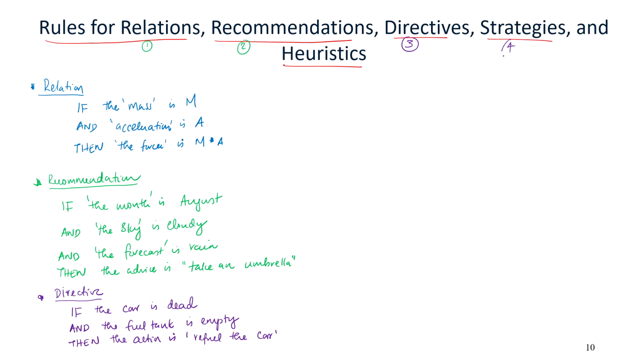Okay. Now, continuing this, we also talked about something called a strategy. So, what is a strategy? Let us write strategy. If the car is dead, then the action is check the fuel tank.